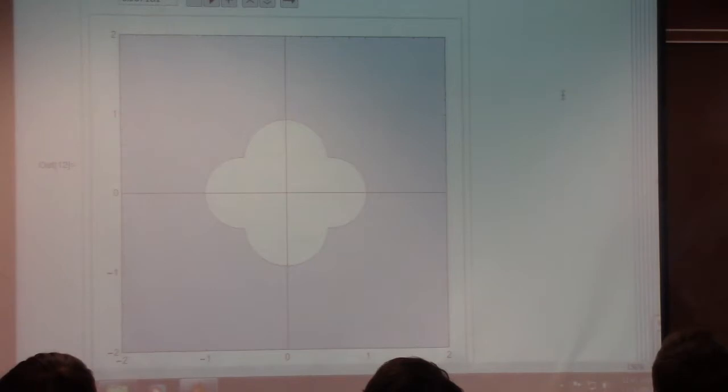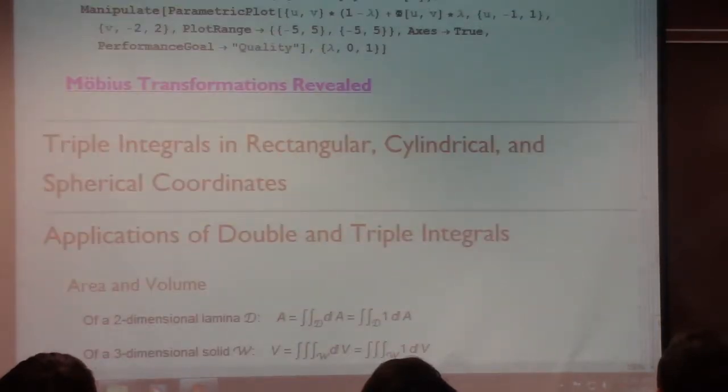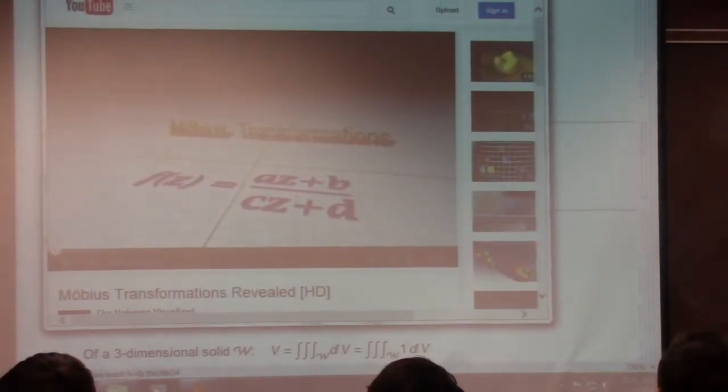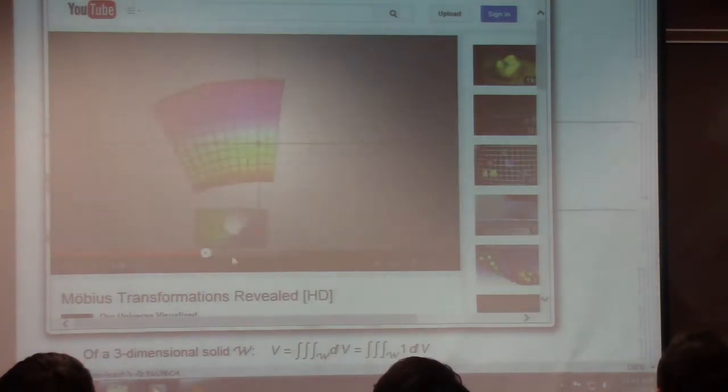Okay? If you want to understand that better, then I have another suggestion for you. A friend of mine, Jonathan Rognes at the University of Minnesota, along with somebody else, I think it was Doug Arnold, has made a video, I think about 7 or 8 years ago he made this, called Möbius Transformations Revealed. And I'm not going to take the time to watch it in class here today, but you can see you've got interesting looking pictures like this related to conformal maps.